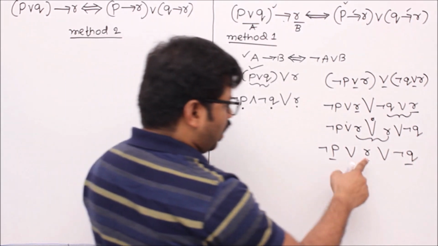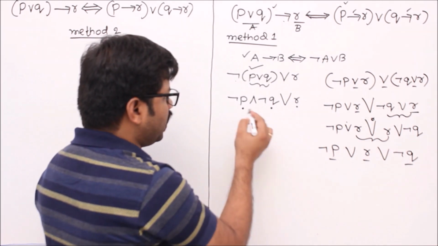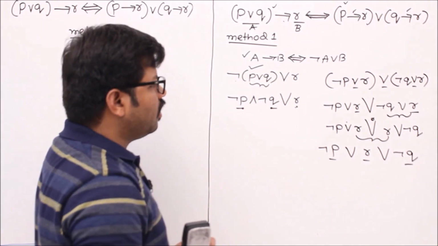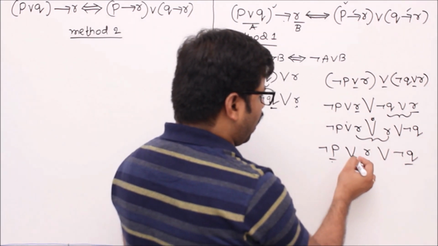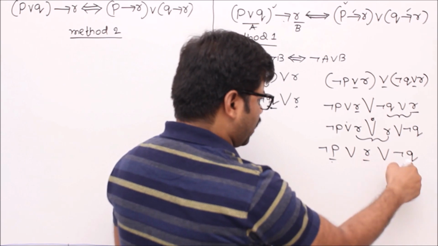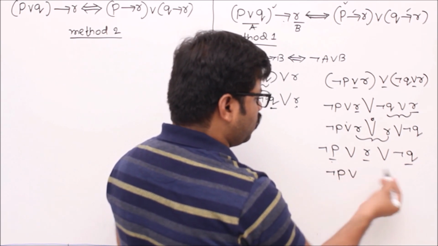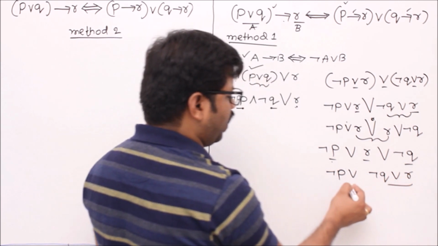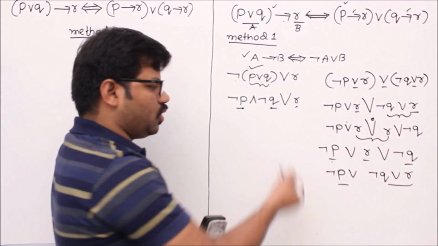Since OR is associative, here you got negation P or R or negation Q. Again let me swap R and negation Q; yes, we can use the commutative rule for that. Then you get negation Q or R. Now observe these two formulas.